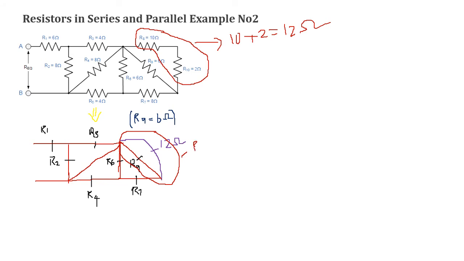Therefore the equivalent resistor will be the product of each resistance value over the sum of each resistance value. So that will be equal to 4 ohm.